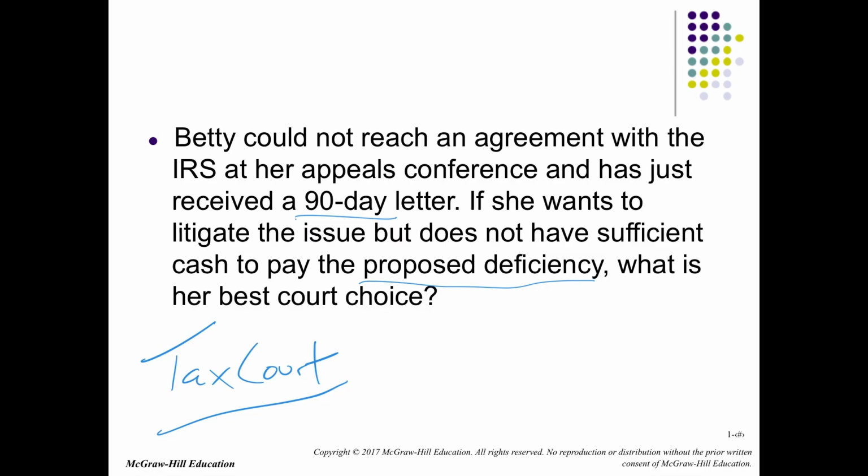If you go to district court, you have to pay your tax deficiency, and then you sue in district court for a refund. Okay? So tax court can be really beneficial because you don't have to have paid your tax liability up front. So for taxpayers who are having some liquidity issues, or if it's a very large tax amount, tax court can be very, very useful.